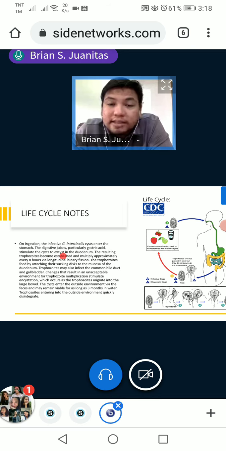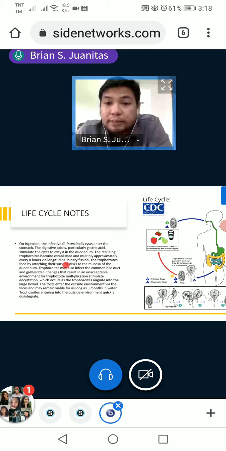Okay, it will undergo excystation. It becomes a trophozoite in our duodenum. That is why it is called Giardia duodenale. Okay? The resulting trophozoites become established and multiply approximately every 8 hours via longitudinal binary fission.